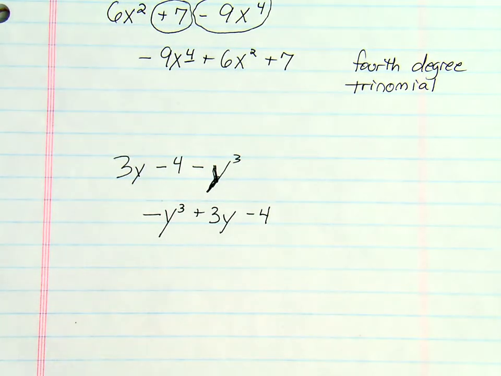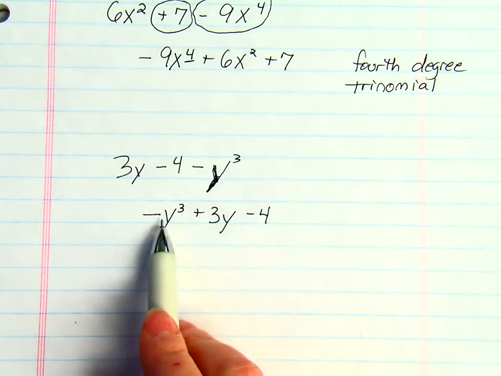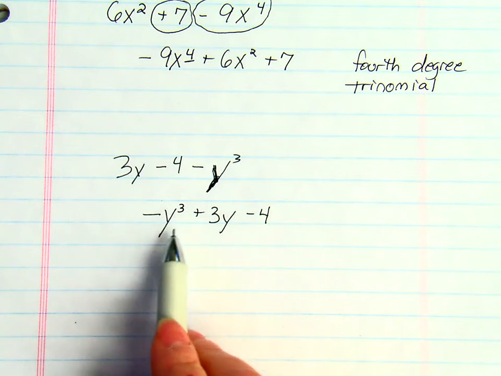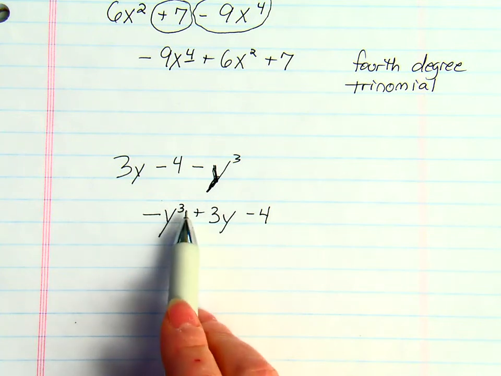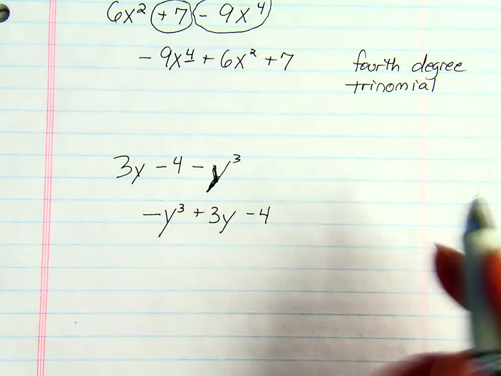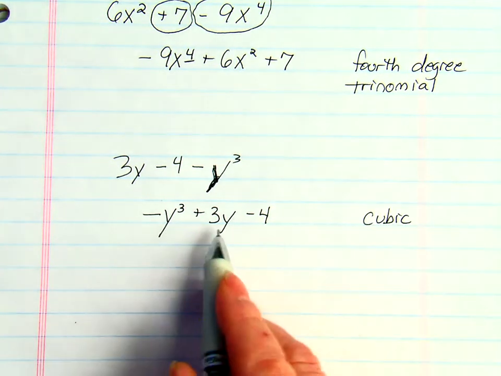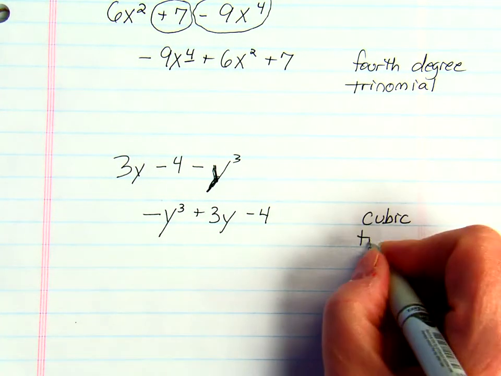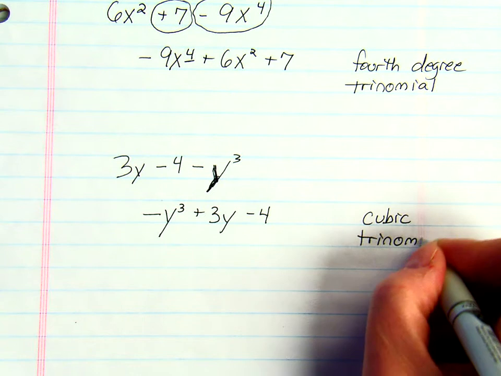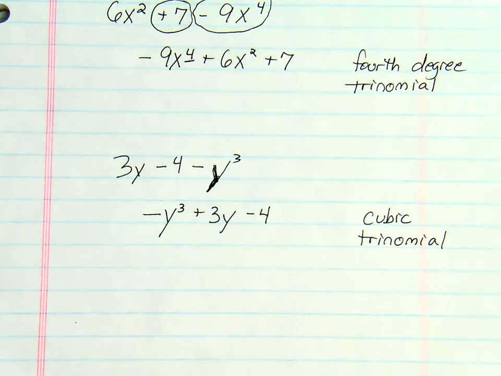We always make sure that they are in descending order of exponents. If I didn't say that before, which I don't think I did. So this is cubic because my degree is 3, and there are 3 terms, so it is a cubic trinomial. Hopefully that is making really good sense to you.